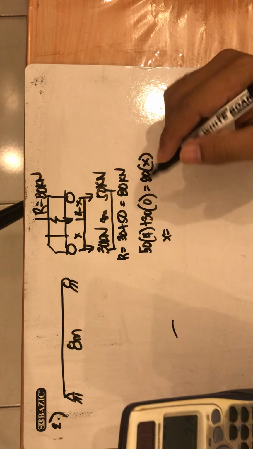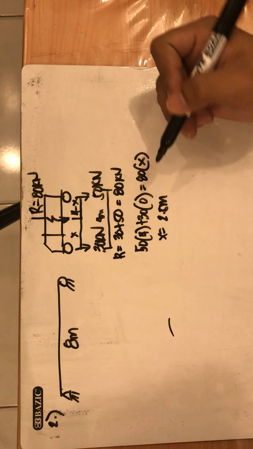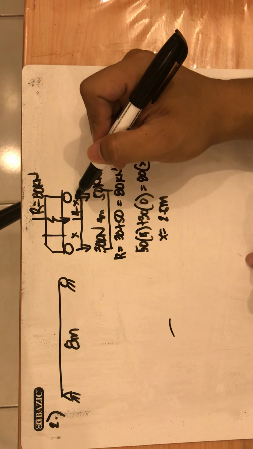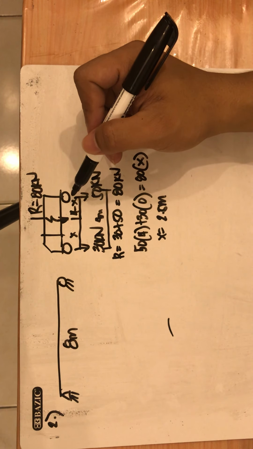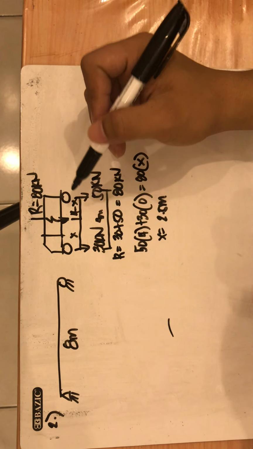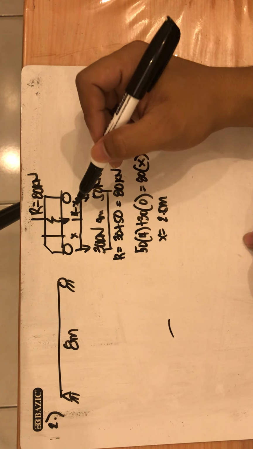So, the value of X is equivalent to 2.5 meters. This means this is 2.5, then the other one, 4 minus 2.5, which is 1.5. So this is 2.5, then the other is 1.5.